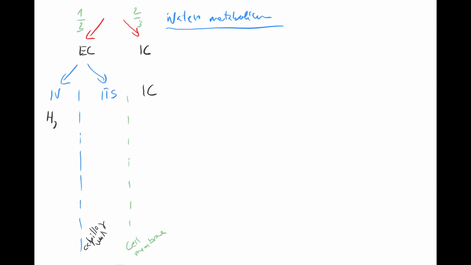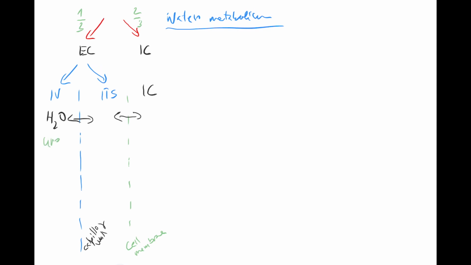First, if we start with water, is water able to go through the capillary wall? Very easily. Is water able to get into the cells? Yes, through aquaporins, which we found out are in all cell membranes. So finally we understand how water gets through a lipid bilayer. Then what about urea?